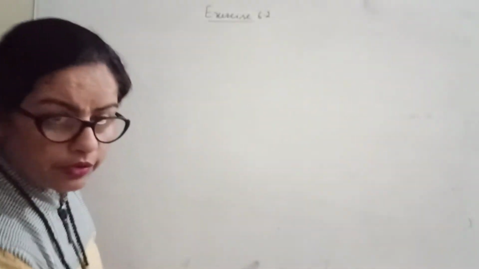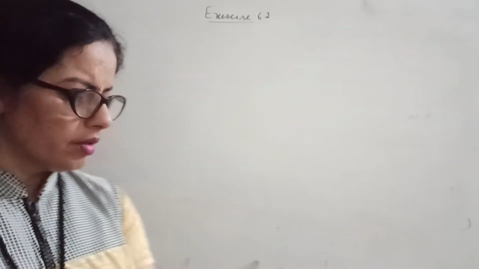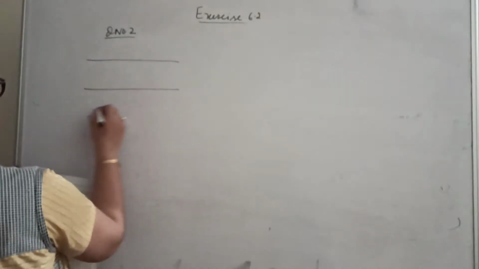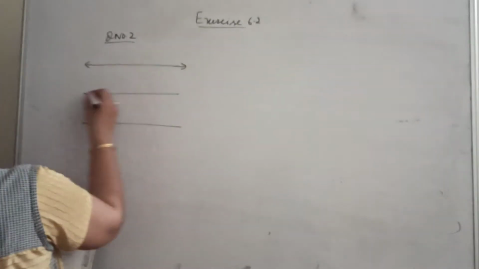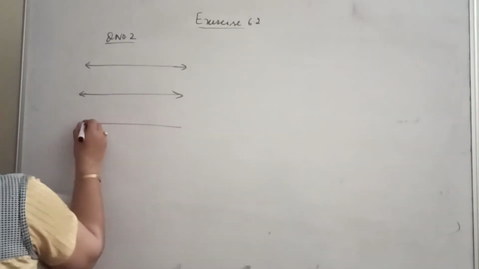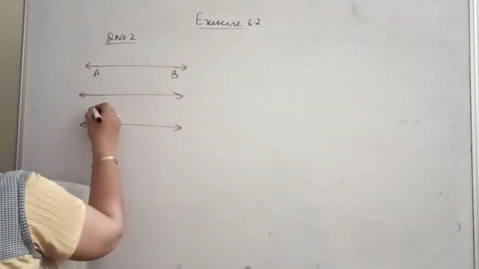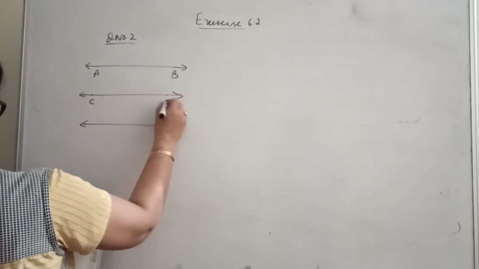In question number 2, he is saying that AB parallel to CD, and CD, this is AB, this is CD, AB, CD, EF.